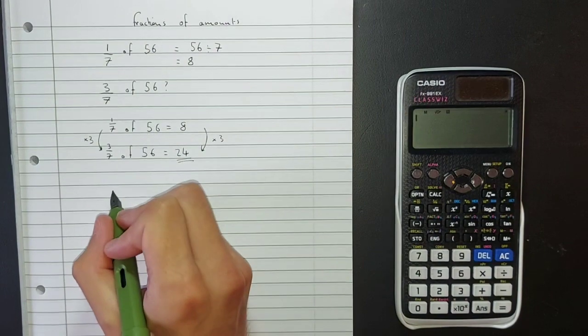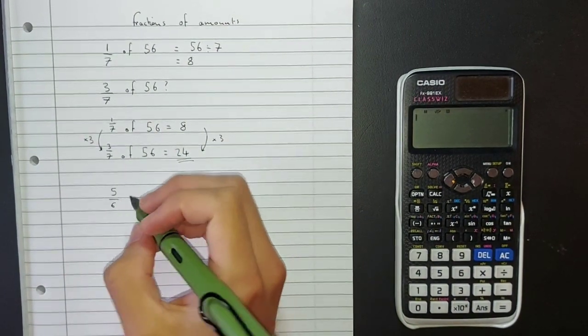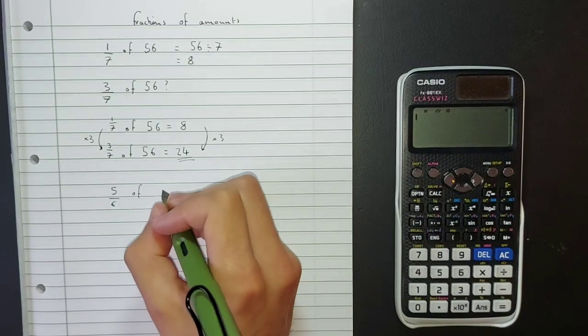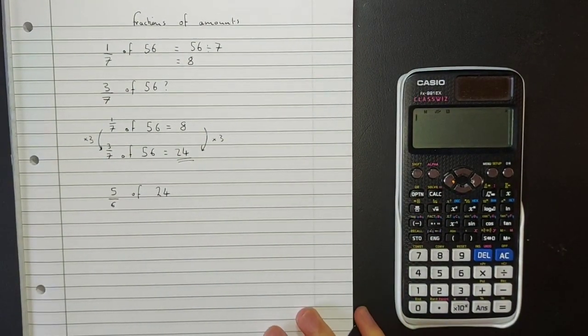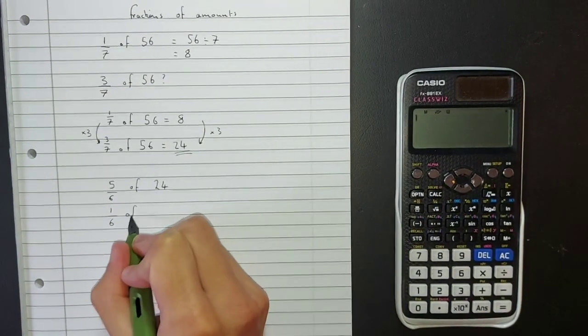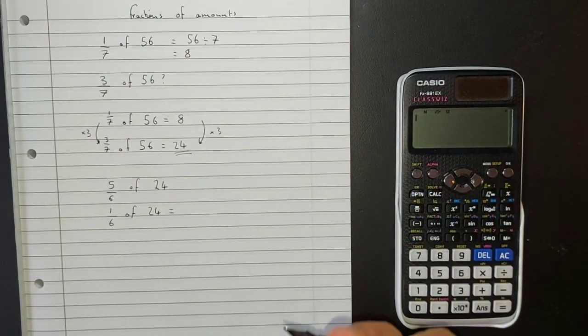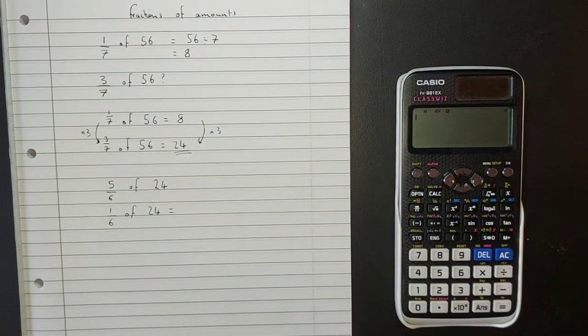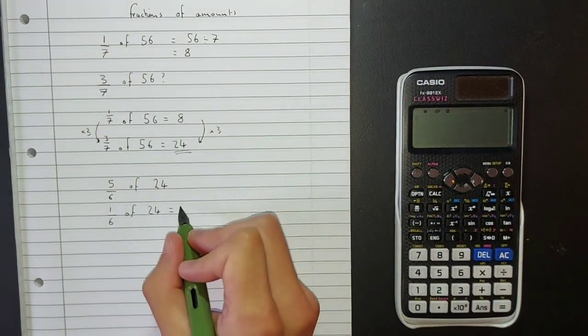Okay, so let's have a look at another one. If we were trying to find 5/6 of 24, first of all, let's find out what 1/6 of 24 is. So 1/6 of 24 is equal to, we're just going to do 24 divided by 6, which is 4.